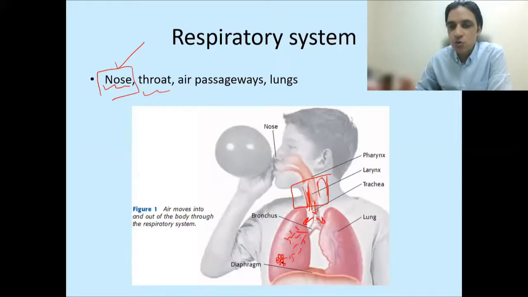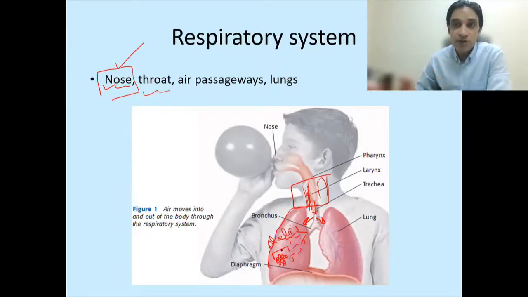These are called alveoli. And so the lung structure is made up of these small grape-like structures called alveoli.